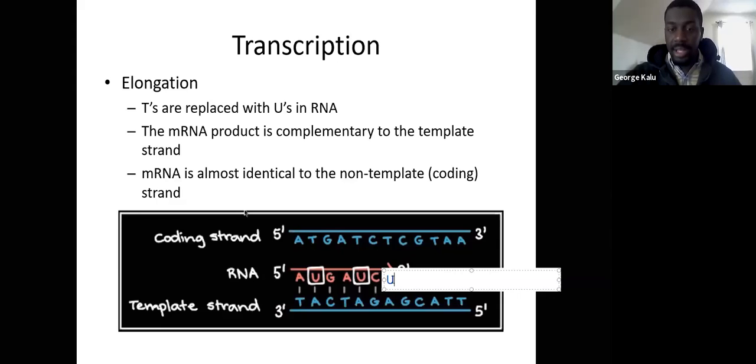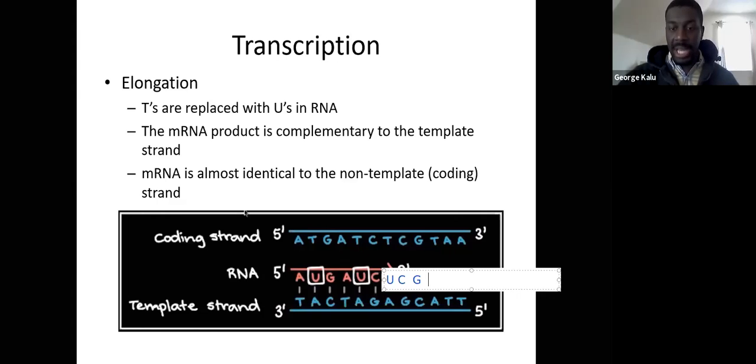So our A's are going to have a complementary base of U. Next, we have a G. So what's its complementary base going to be for RNA? C. Perfect. All right. Then we have a C here. So what should we have in our RNA? G. Perfect.